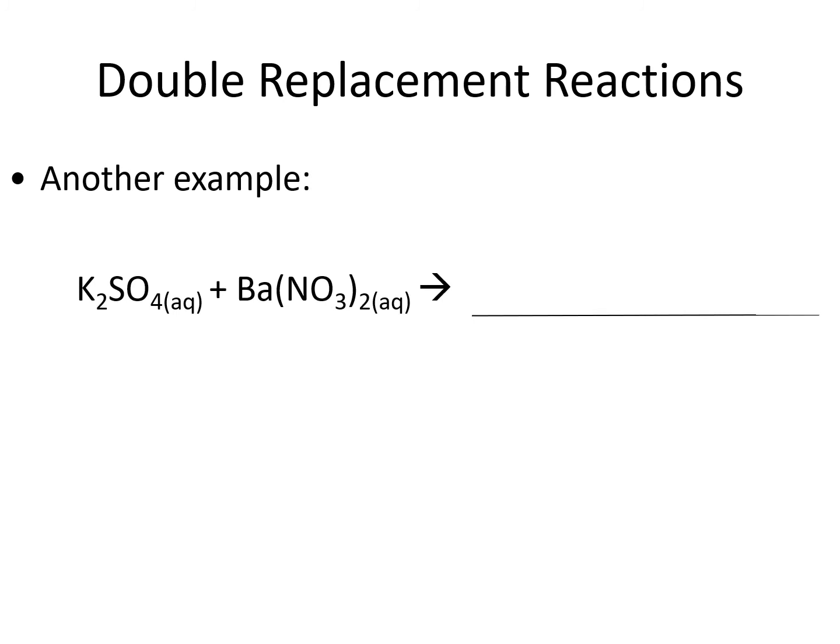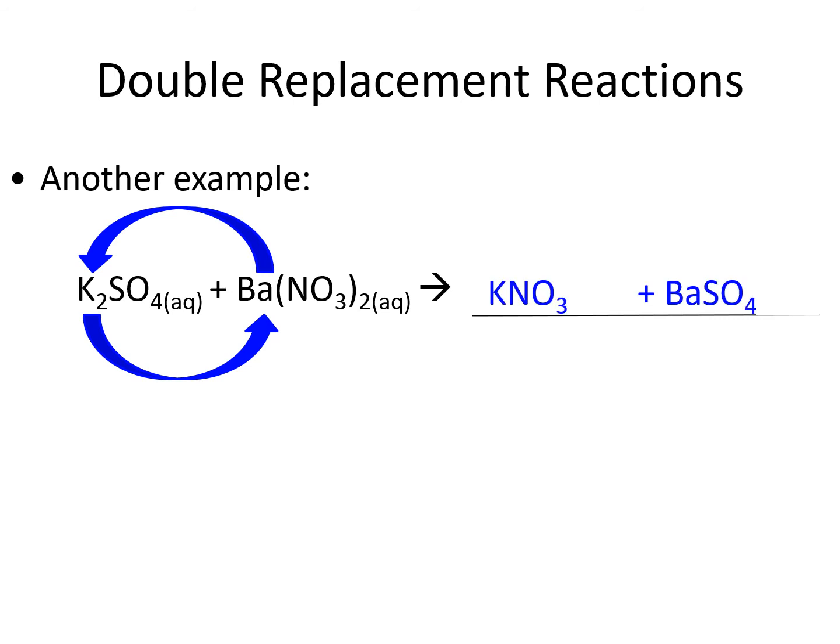Here's another example of a double replacement reaction. We got potassium sulfate reacting with barium nitrate. Now the potassium and barium are going to exchange places. Our new products are going to be potassium nitrate and barium sulfate. It doesn't matter which order you write the products in.